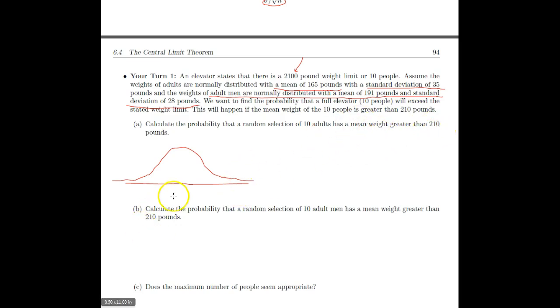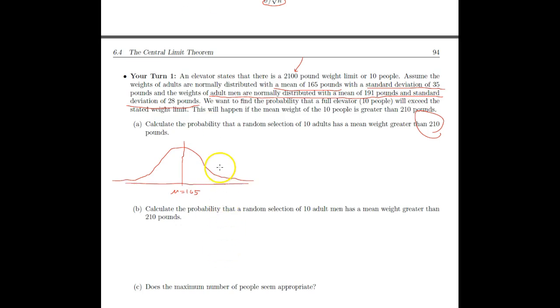So I know my mu of 165. This is my mean of 165. Cool. And I've got to mark 210 on here. Where is 210? Well, it's definitely over here to the right somewhere, right?